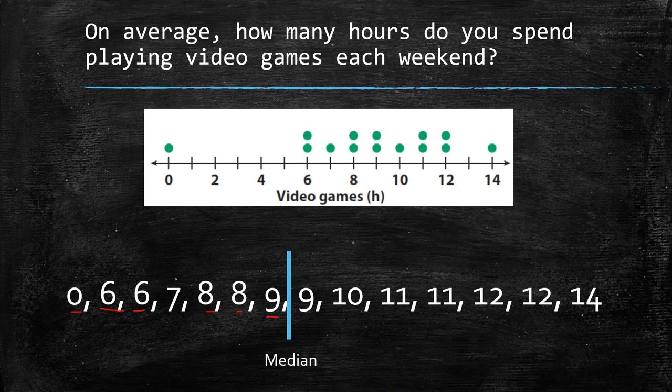That means that right here, this number 7 is going to be my Q1 or my first quarter. And 1, 2, 3, 1, 2, 3. 11 is going to be in the middle on the second half.